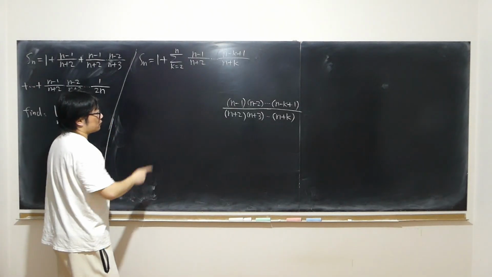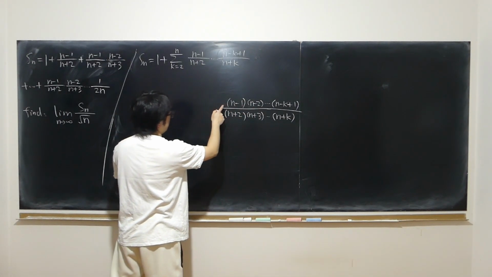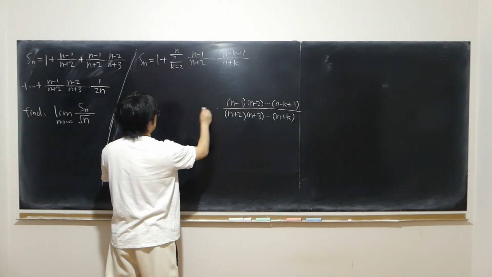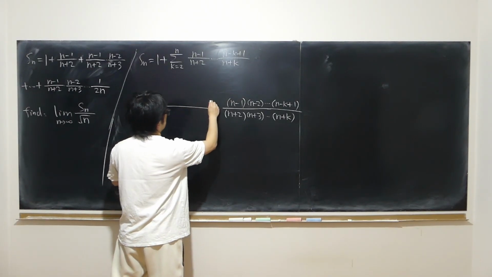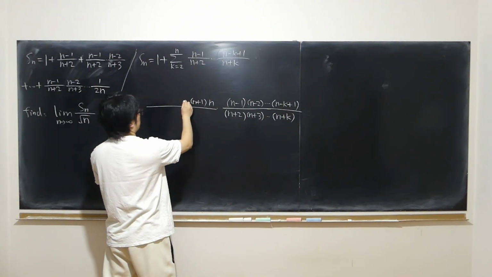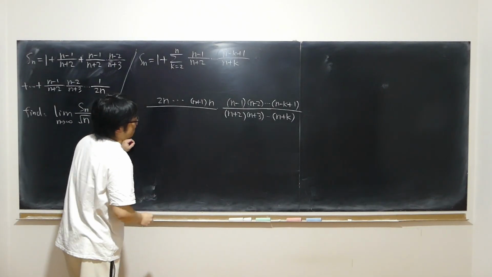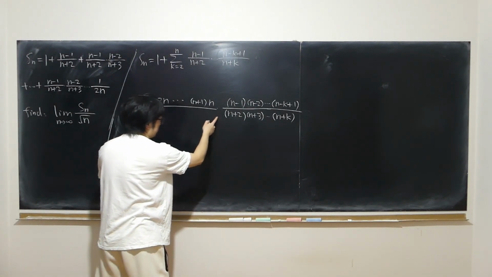Now, since this one keeps reducing, maybe we can say this one keeps increasing. Increasing, so n plus 1 all the way to 2n. This one keeps increasing, so here I keep reducing.